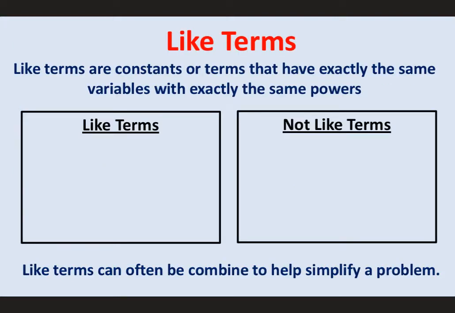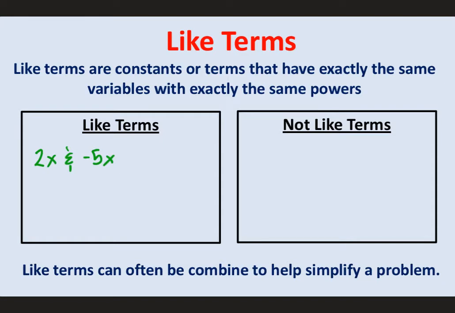Like terms are constant numbers, or variables that have exactly the same variables to exactly the same powers. So some examples of like terms are 2x and negative 5x.